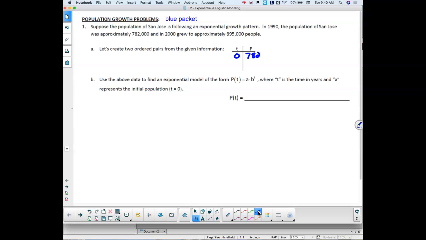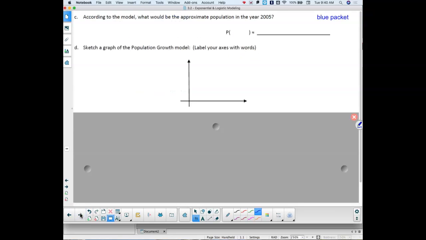So if we do 0, comma 782, and I look down that page, most importantly, when I get to letter D and I sketch the graph of this, what is going to be the label on my vertical axis?